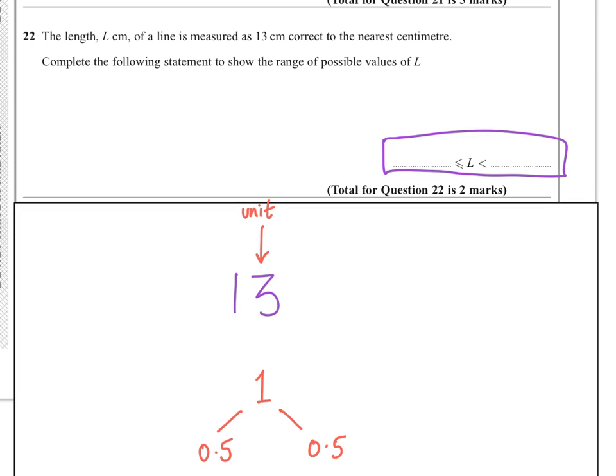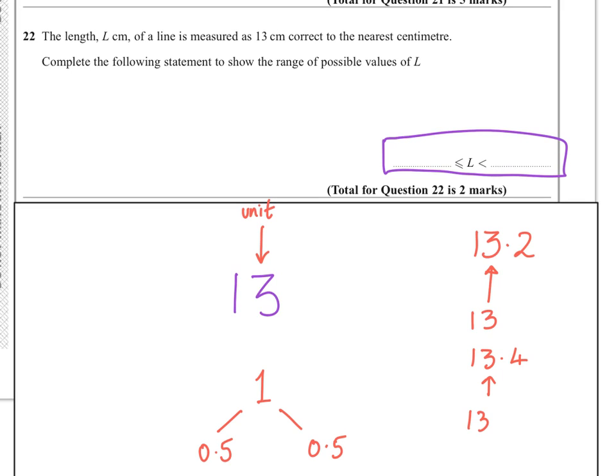So when we're coming to look at numbers and how they round, say we had a measurement of 13.2. Well, to the nearest whole number, that would be given as 13. If we had 13.4 and we wanted that to the nearest unit, again, that would be 13.